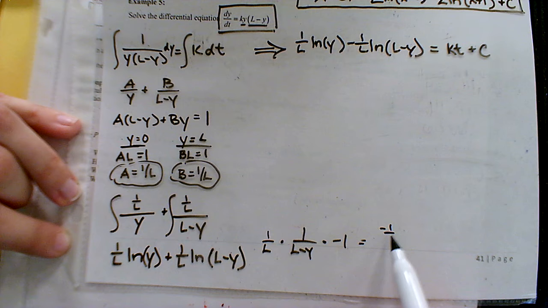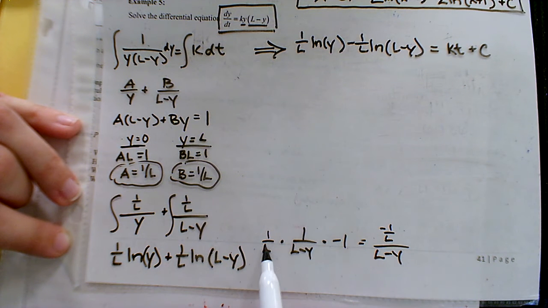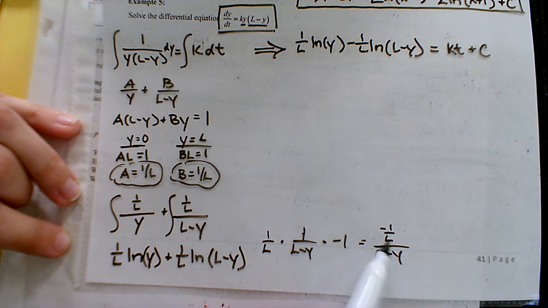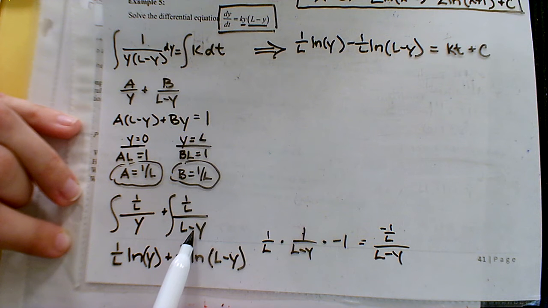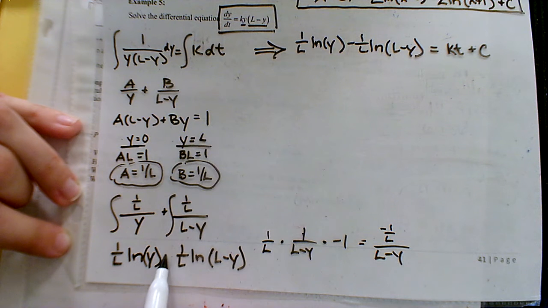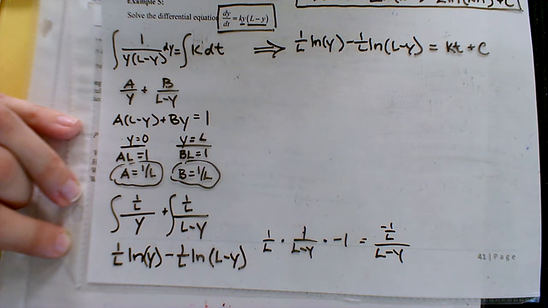So we would have a negative 1 over L times 1 over L minus y. But this does not match exactly, because we were adding in this case, and notice how we're left with a negative. So a little tricky here: if your variable is negative in the denominator, we're going to have to cancel out that negative by putting in a negative when we find the antiderivative.